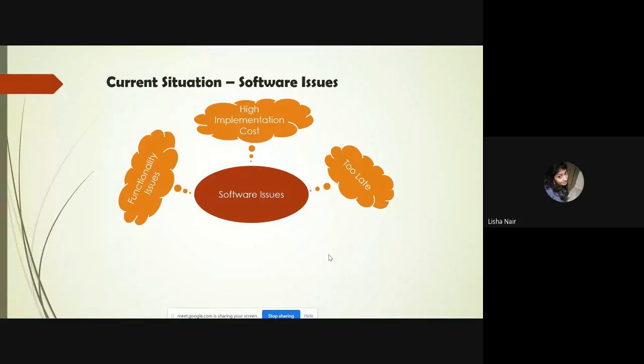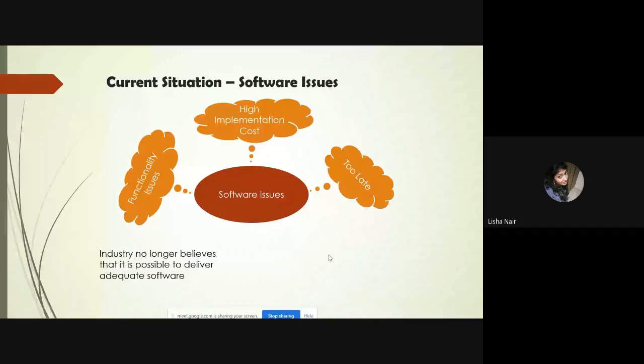When we develop software, it takes a lot of time to develop as per the specification. All these are major issues that we face right now. You have a functional issue, you take a lot of time to develop the software because it's critical, and because of the time, cost is implied. So these are the different issues.